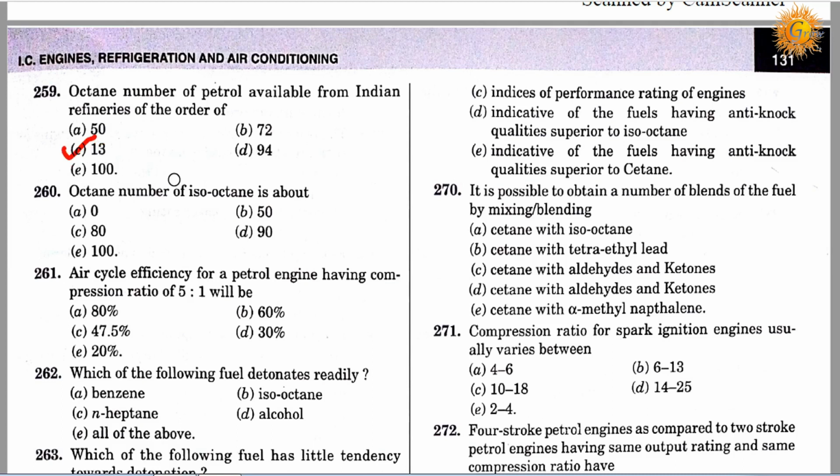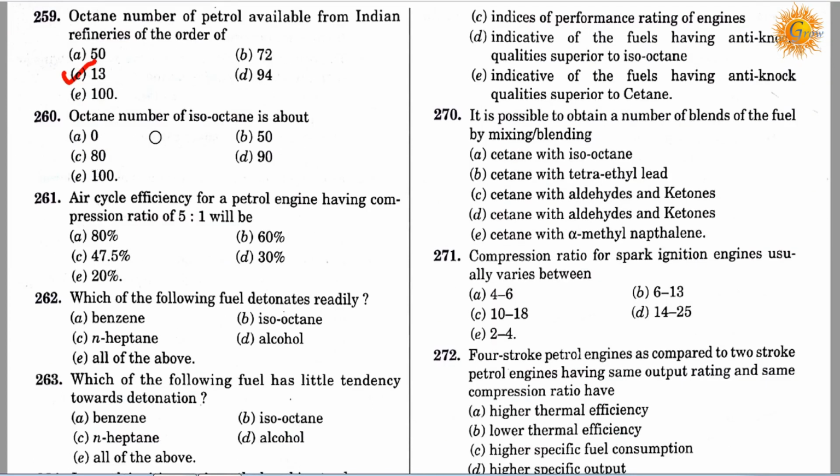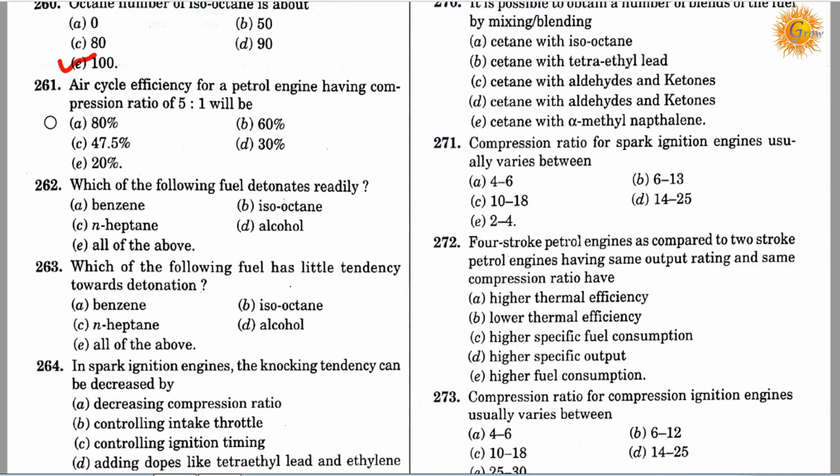Question number 260. Octane number of isooctane is about: option A, 0; option B, 50; option C, 80; option D, 90; option E, 100. Because it's an octane number, the correct answer is E, 100. Question number 261.